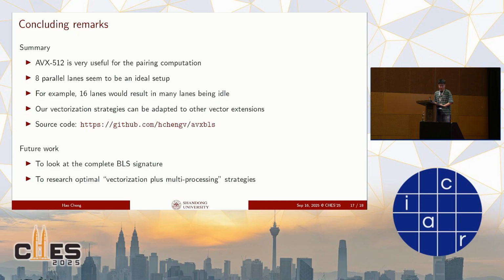So the multiprocessing has a different computing paradigm, so it's not single instruction, multiple data. We have some rough ideas, because there already exists existing work that uses multiprocessing to accelerate the Miller loop. In this work, we did not vectorize the Miller loop itself.